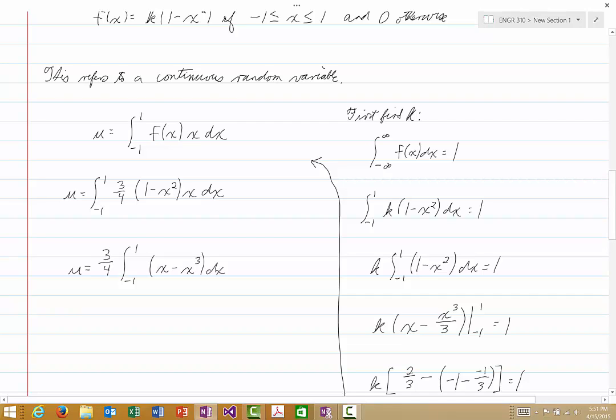Now, if you are very, very alert, you'll already see that the value of this integral is 0. And the way that you can see that is that this is an odd function. A function, let's say g of x, is said to be odd if g of negative x is equal to negative g of x.